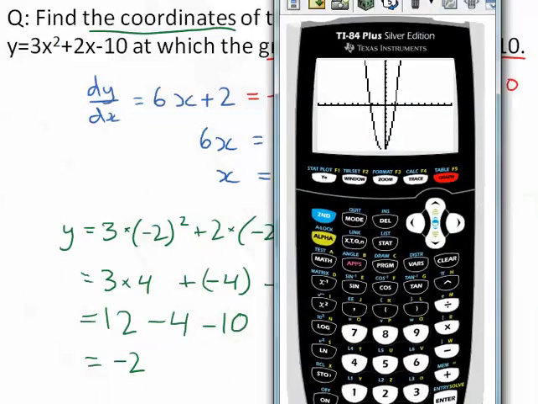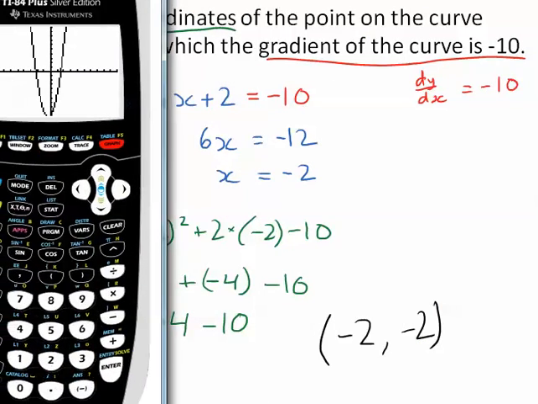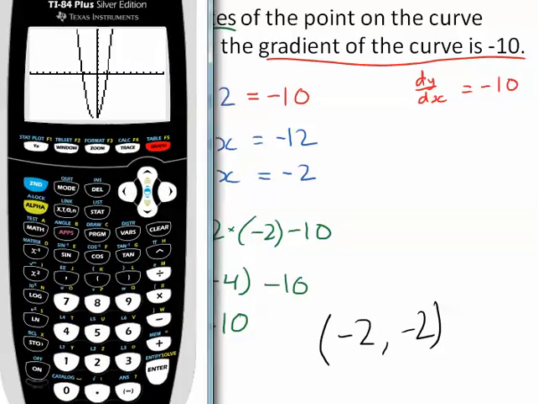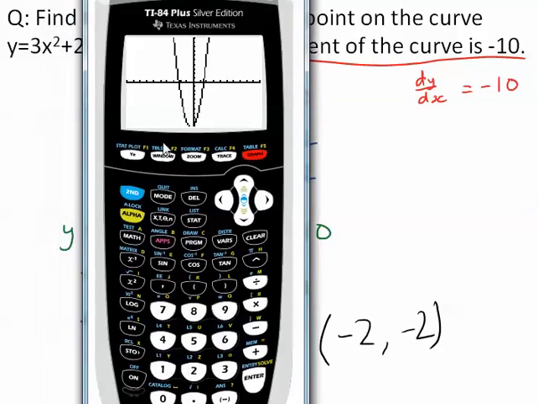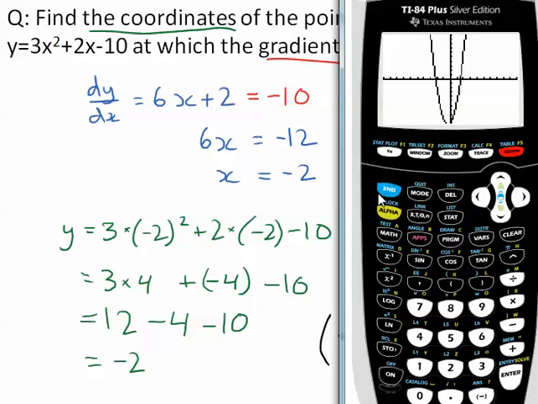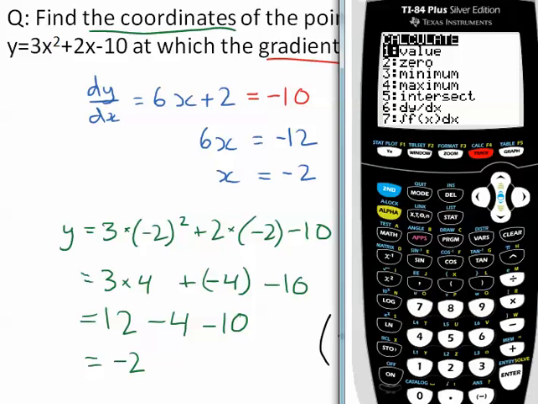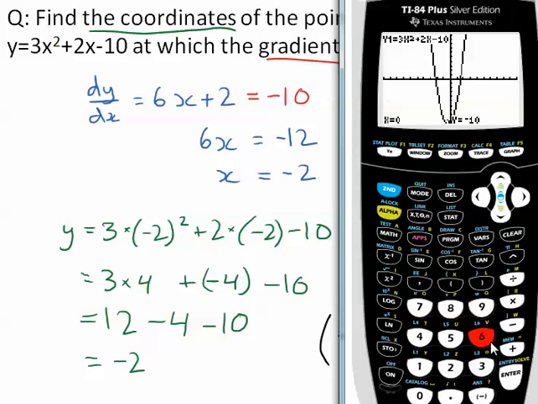And we're going to check what happens at the point (-2, -2). So let's move this over here. First of all, let's check what the gradient is at this point. We're expecting it to be -10, but let's see if it is. So -2 is our x value, and the gradient is -10. So that's what we wanted.